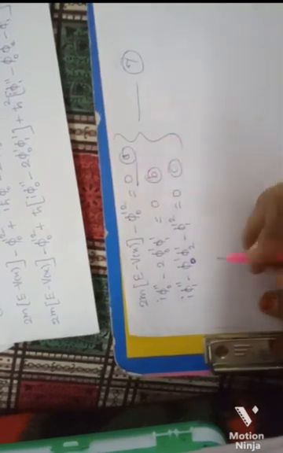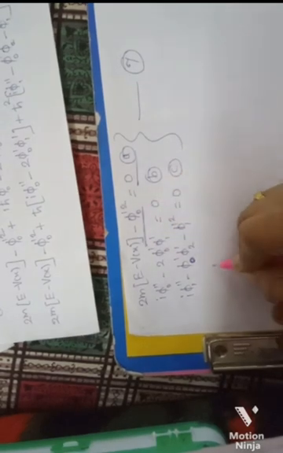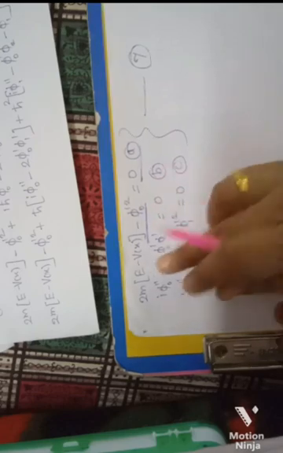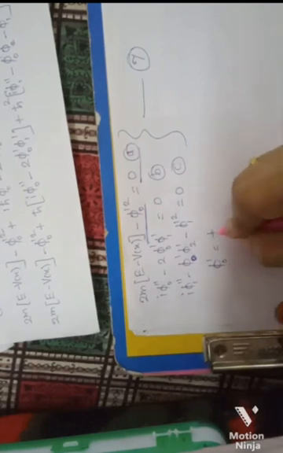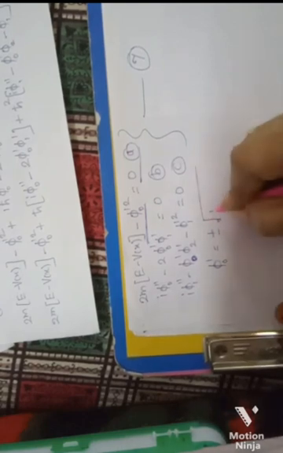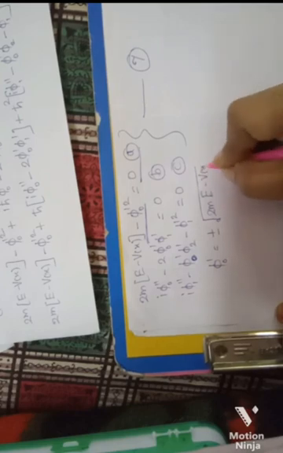Now from equation 7a, we will get the value of φ₀. So φ₀' is equal to, put this term this side and remove that square, so it will become plus and minus root of 2m(E minus V(x)).